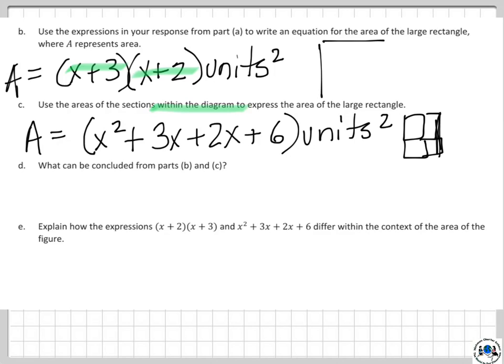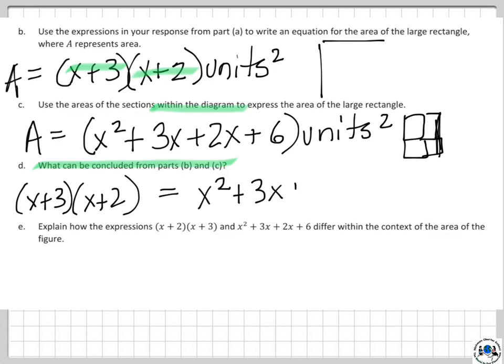So what can be concluded from parts B and C? This might be a tough one because you don't really know quite what they're asking, but what they're asking is very simple. x plus 3 times x plus 2 is the same as x squared plus 3x plus 2x plus 6.